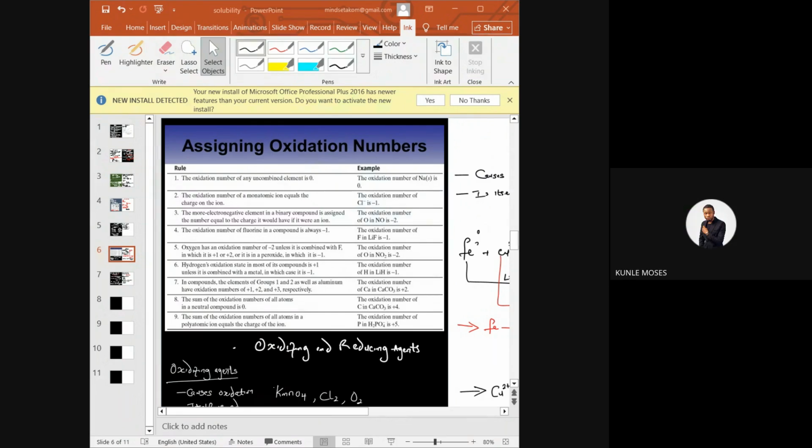Wait. 2 times 1 plus x plus 4 times -2 equals -1. 2 plus x plus... -2 times 4 is -8. -8 plus 2 is -6. I've made a mistake, I don't know where the mistake is from.